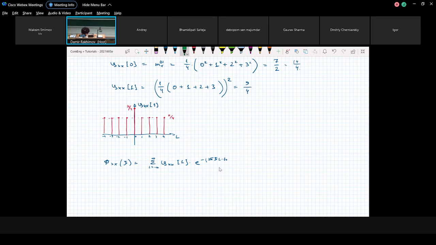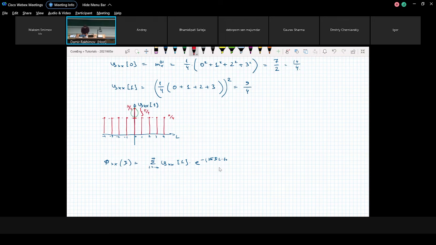To find the power spectral density, we can represent the first discrete pulse as a sum of two components: this part with amplitude 9/4, and the residual part with amplitude 14/4 minus 9/4. This residual will be 5/4.